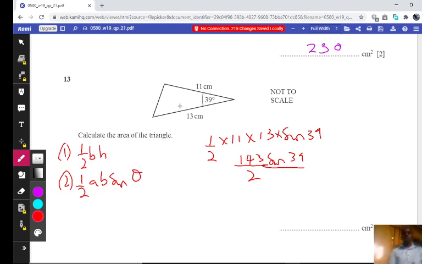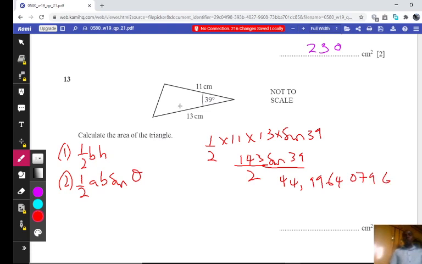So you can now use your calculator. You say 143 times sine 39 equals, then after that you say divided by 2. You get 44.996400796.